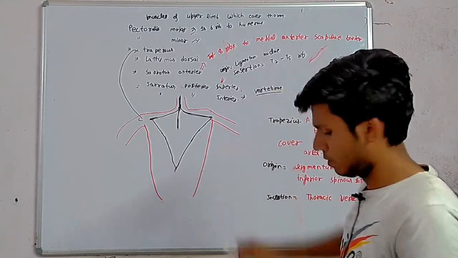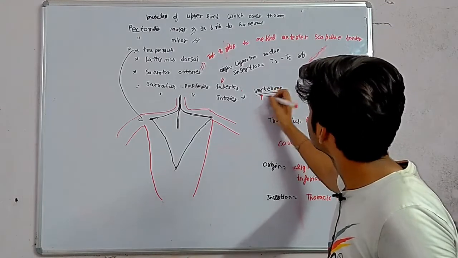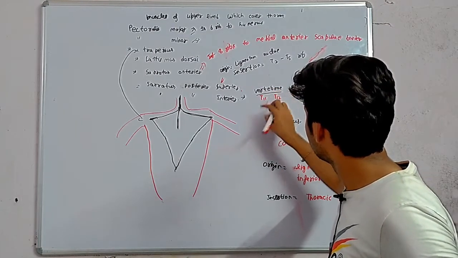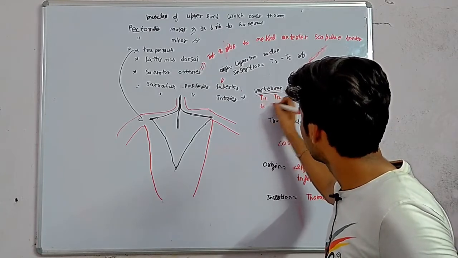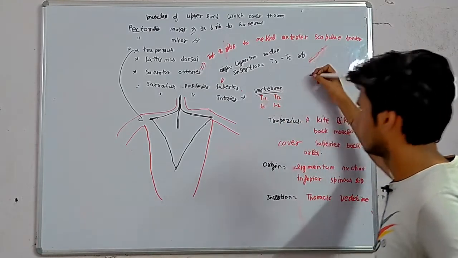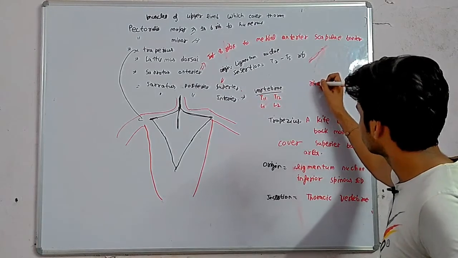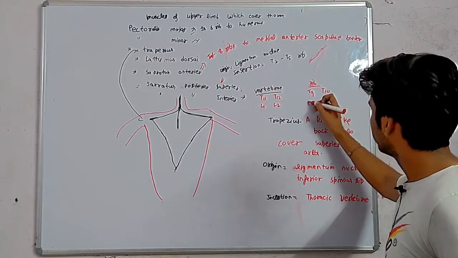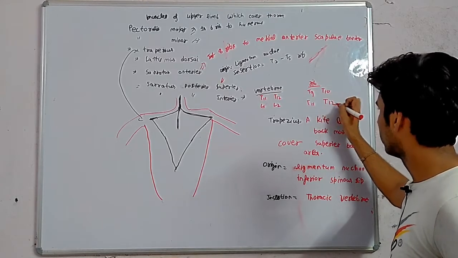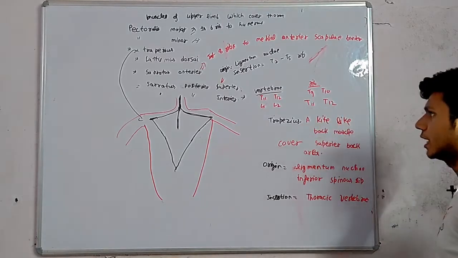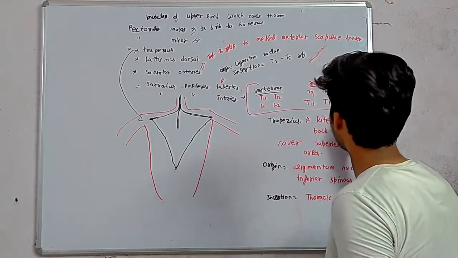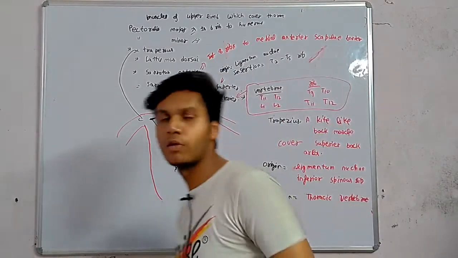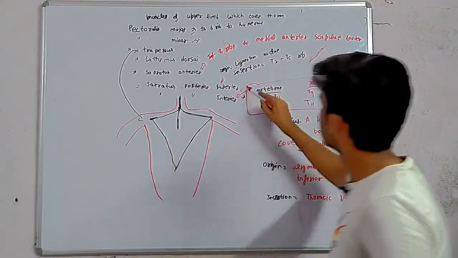Which vertebrae are they? The vertebrae are T11, T12, L1, L2, and the ribs are T9, T10, T11, T12. Done. So these are the attachments of serratus posterior inferior. Okay, serratus posterior superior, we already talked about this.